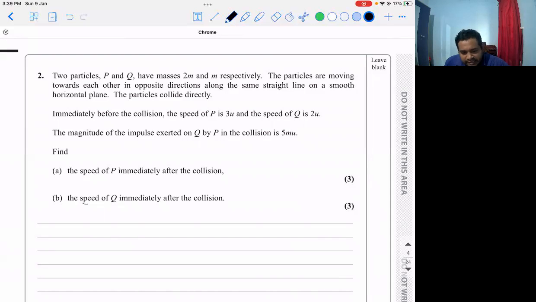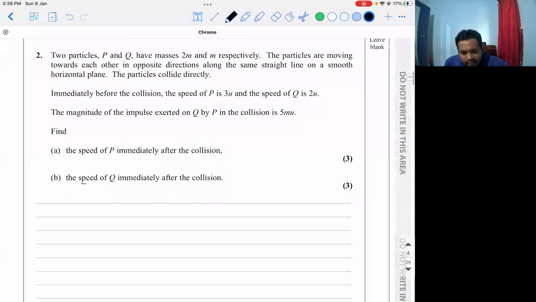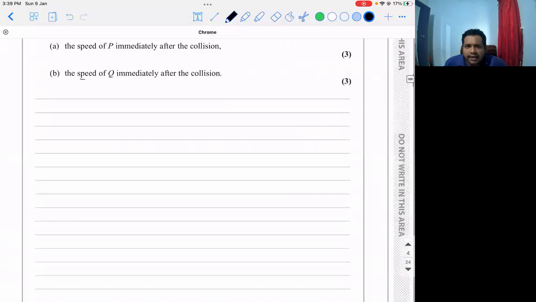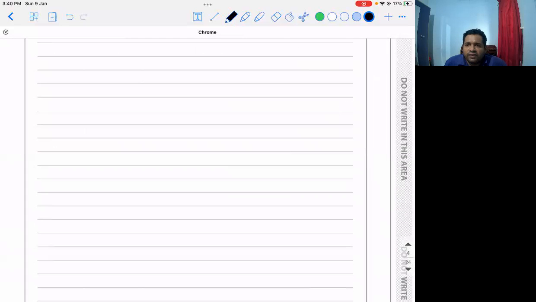As I said in the previous question, here also we are going to draw a schematic, rough sketch of the data that is given in our question. Based on the data given, we are going to draw a schematic sketch.